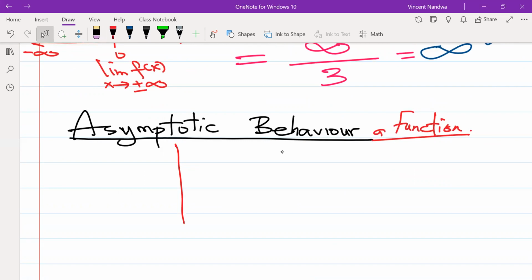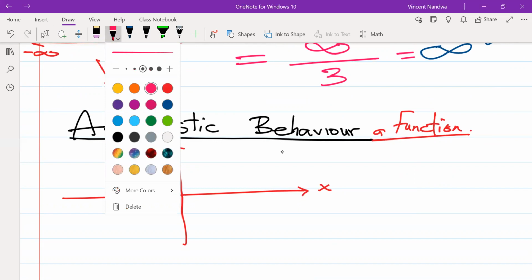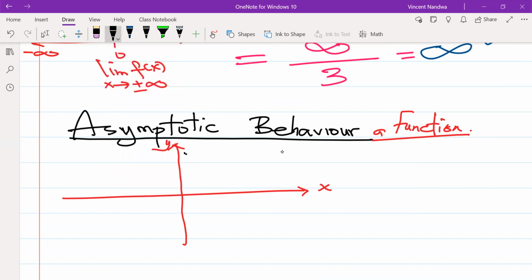So if I have this is my x-axis, this is my y-axis, and I have a function, say this curve, and say I have another arm here.